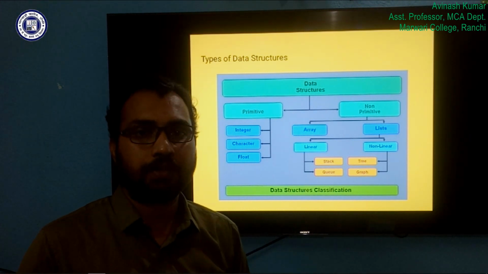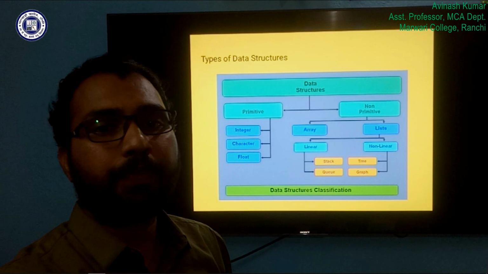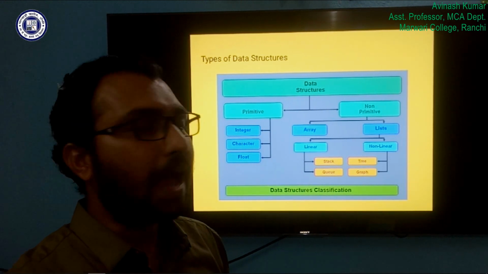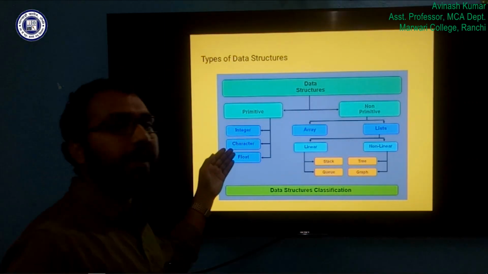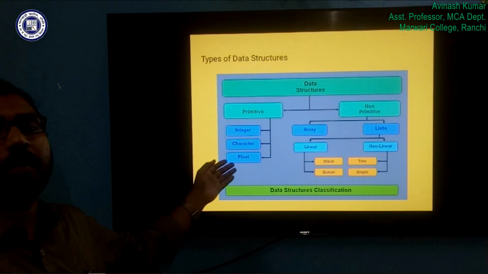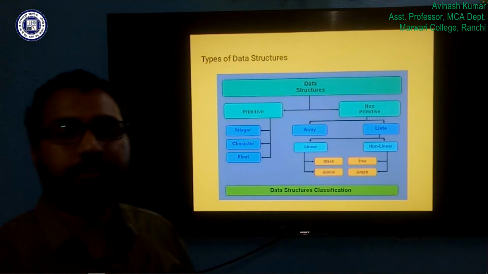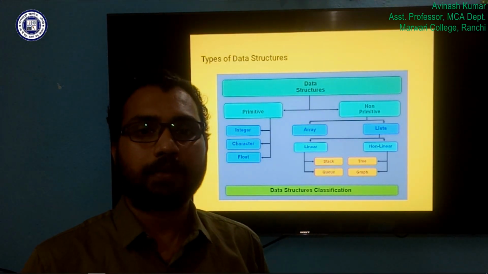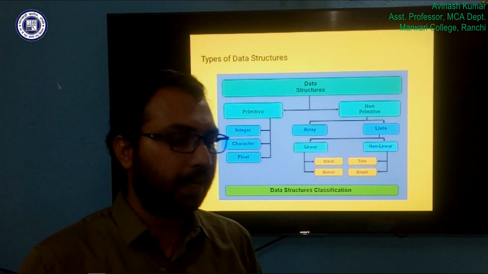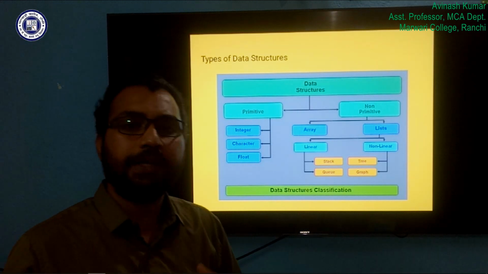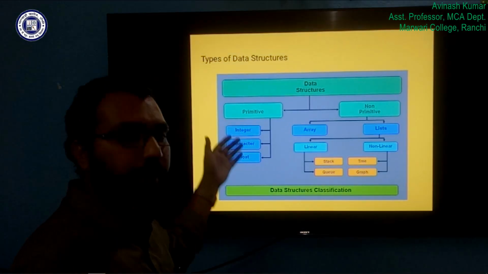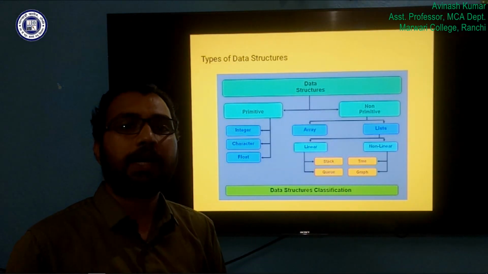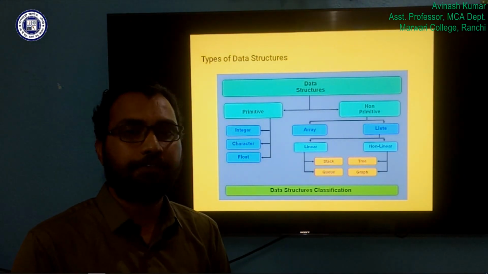In case of a primitive type, we have the basic data types like integers, characters, floating point numbers, and double, etc. These are the basic parts of a program, and we generally use these data types in our programs in day-to-day life.